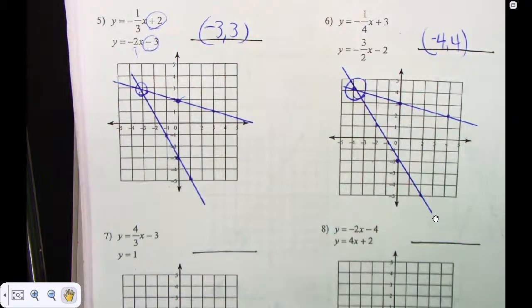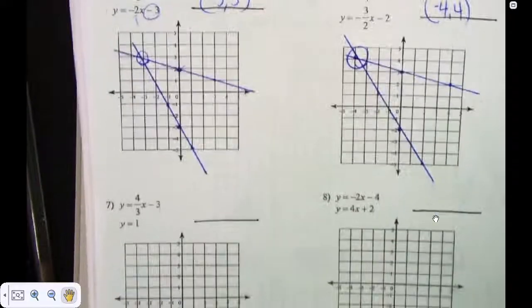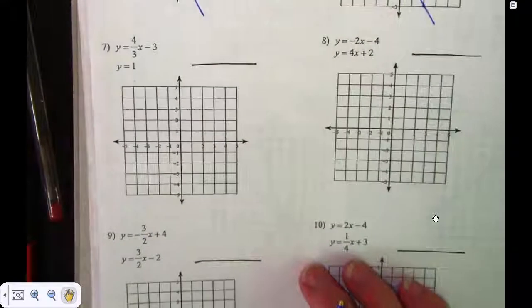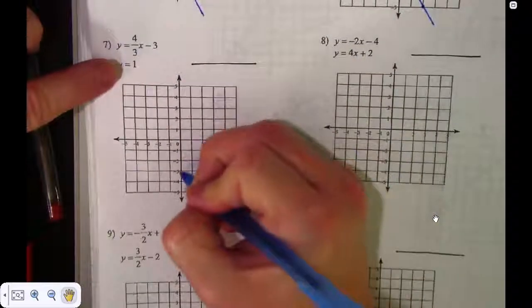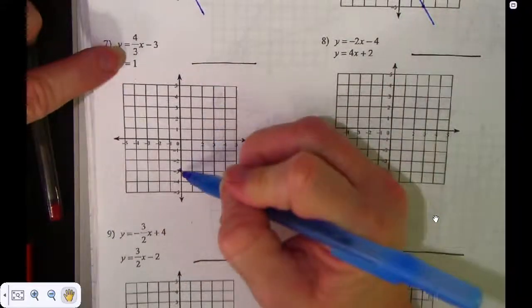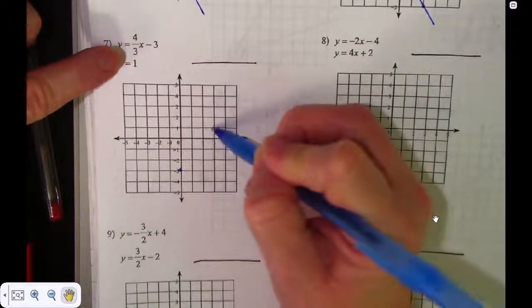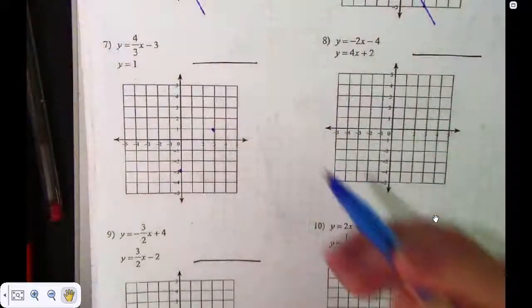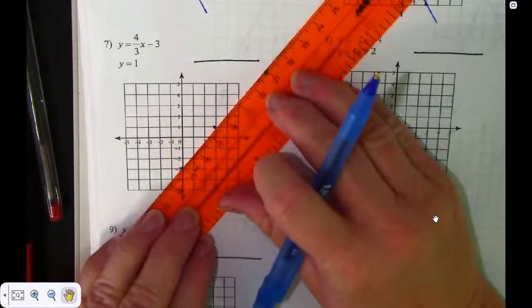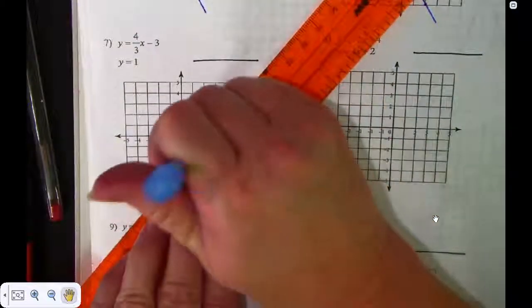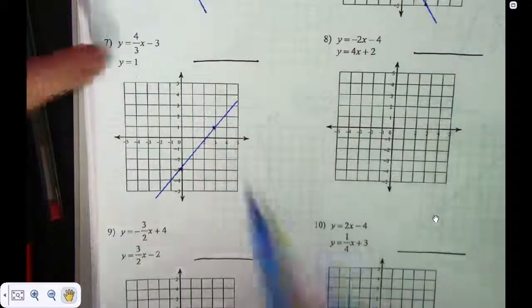Number 6, negative 4, 4. Okay, number 7, negative 3. I'm going to go over 3, up 4. Positive slope, positive points. Positive, positive.